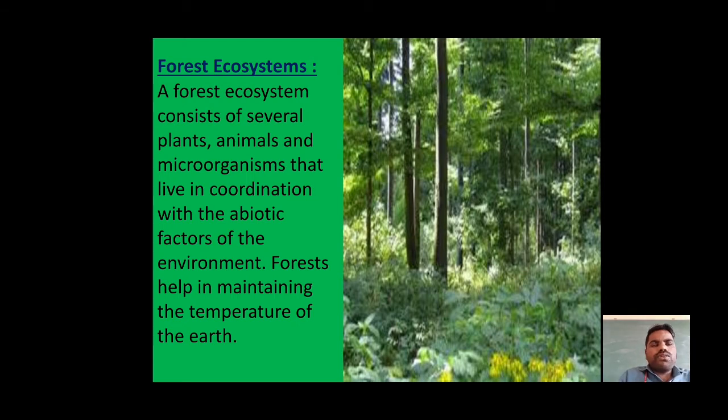In the forest we can see some kinds of animals, microorganisms and plants. These interact with each other and also with the abiotic components, and they adjust to the forest environment; that we call the forest ecosystem. The forest ecosystem helps in maintaining the temperature of the earth.